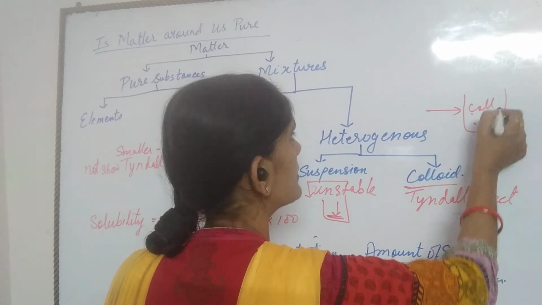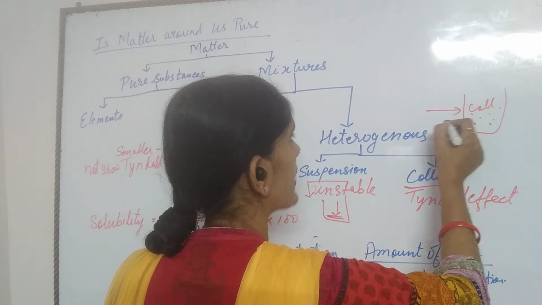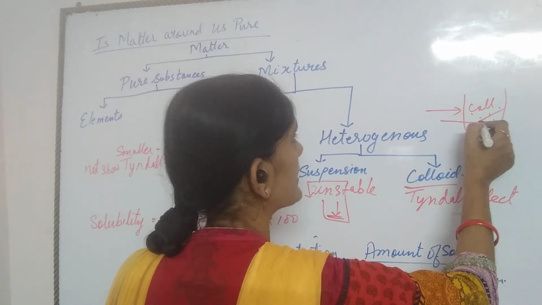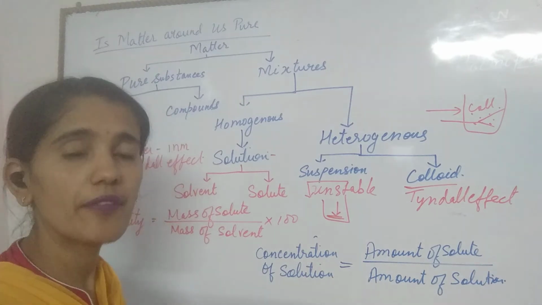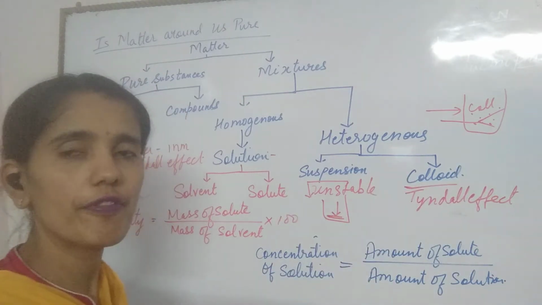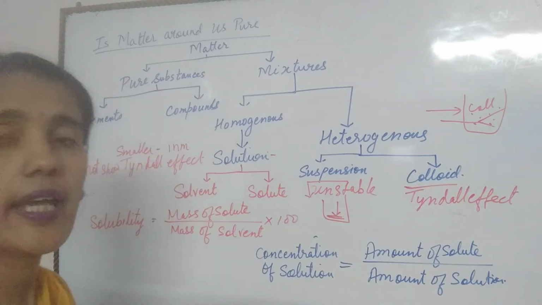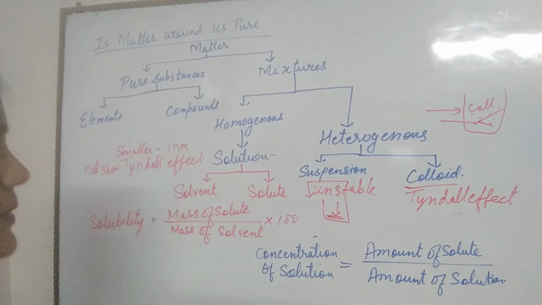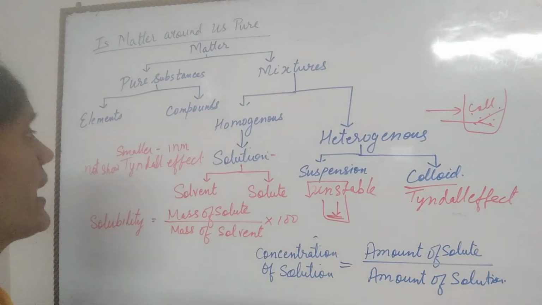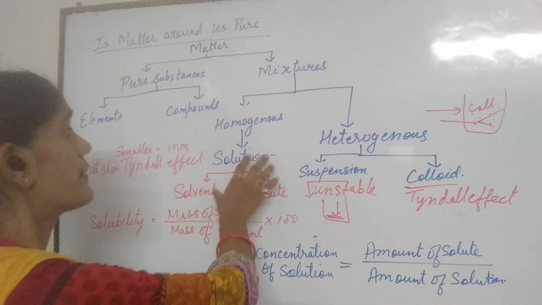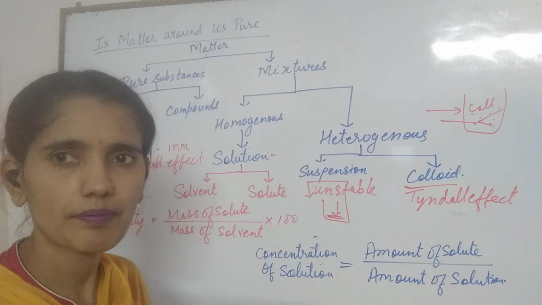Particles are there, so the light strikes the particles and gets scattered. That's why we are able to see the path of light, or we can say it shows the Tyndall effect. Clear?